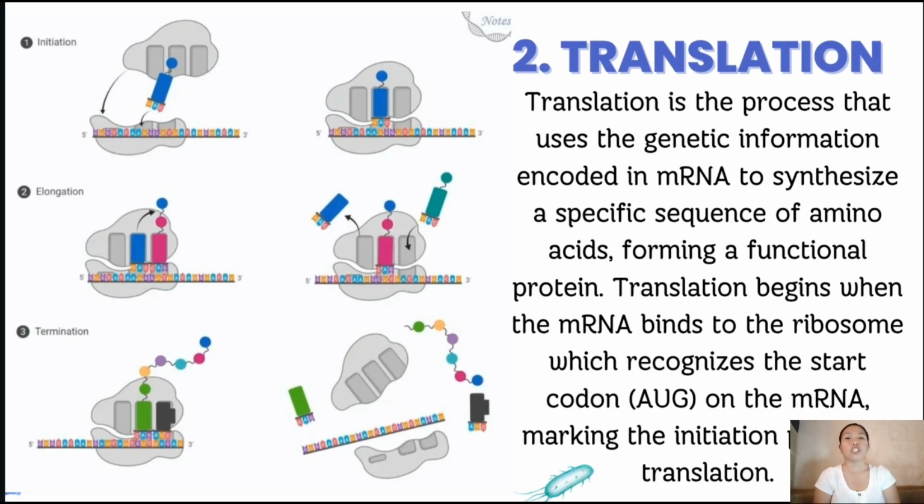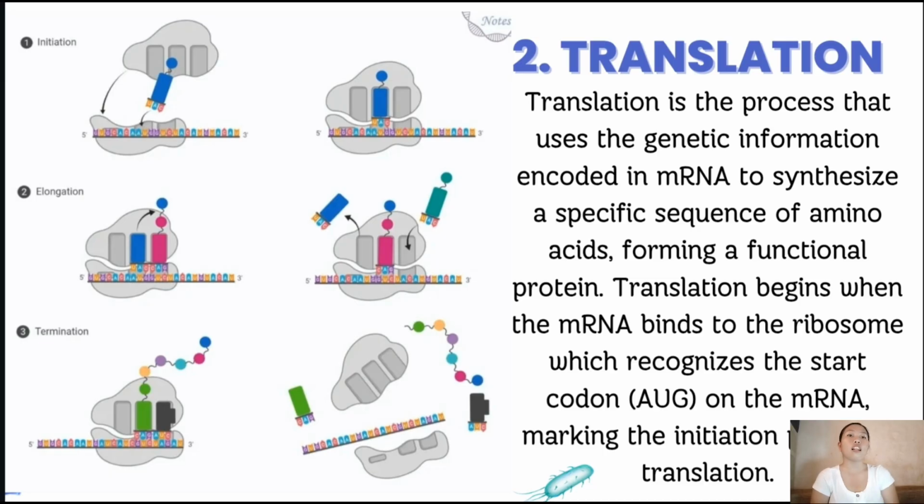Translation continues until a stop codon, which is UAA, UAG, or UGA, is encountered on the mRNA. That is during the termination. Stop codons do not code for any amino acid. Instead, they signal the end of the translation process.